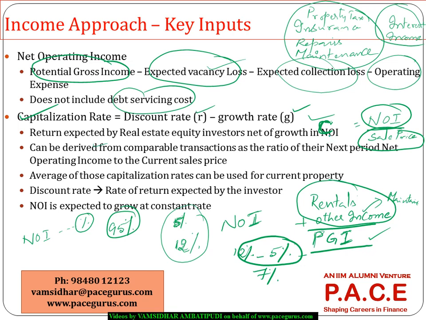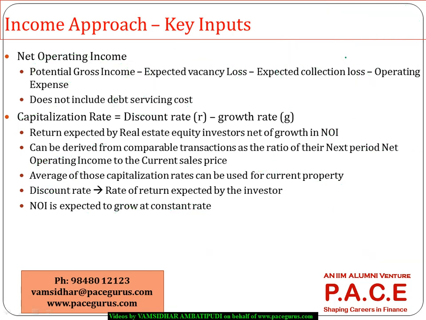And generally what is suggested is, if I want to value a particular property, for the comparable properties you compute their capitalization rates, take the average of all those capitalization rates and use that for the current property. As a quick example, say there are properties I am using as comparables.